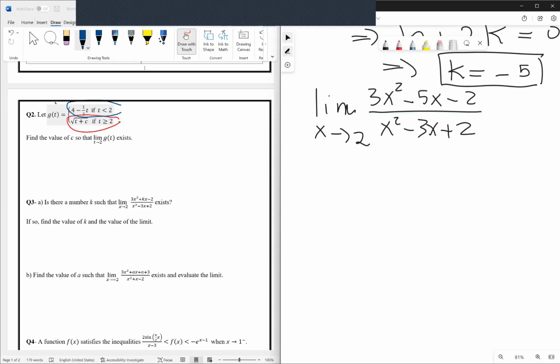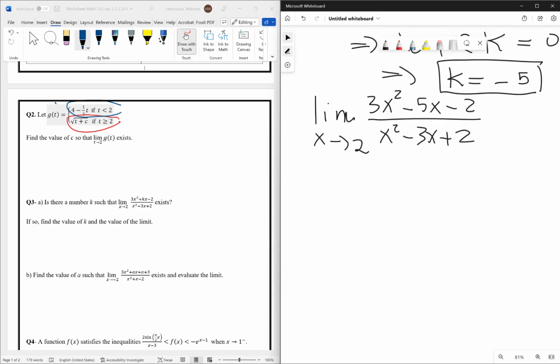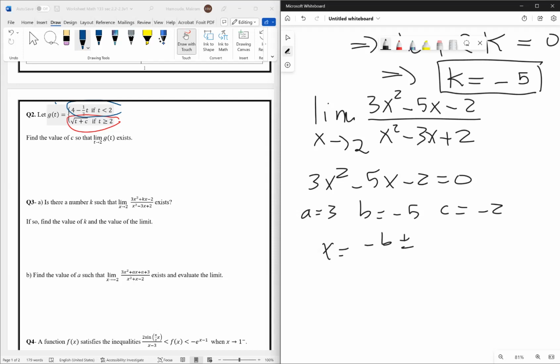If you find a difficulty to find the factoring by guessing, you can use the solving of the quadratic equation, 3x squared minus 5x minus 2 equal to 0. Okay, so you have your a equal to 3, b equal to minus 5, c equal to minus 2. Then you solve x equal to minus b plus minus root b squared minus 4ac over 2a.